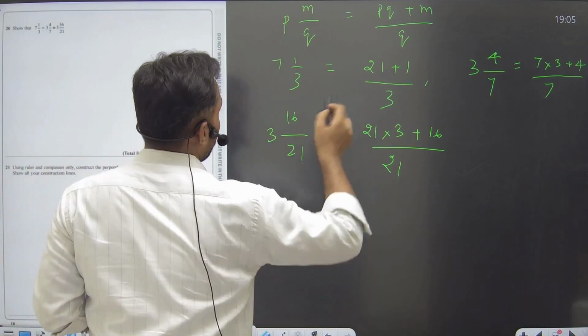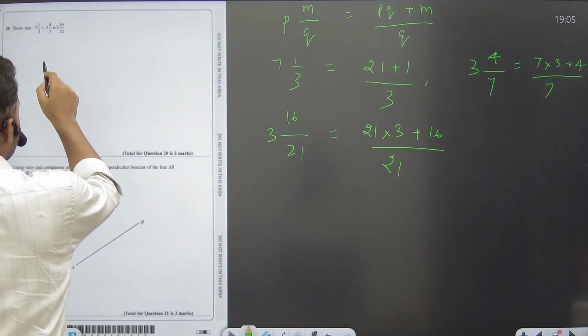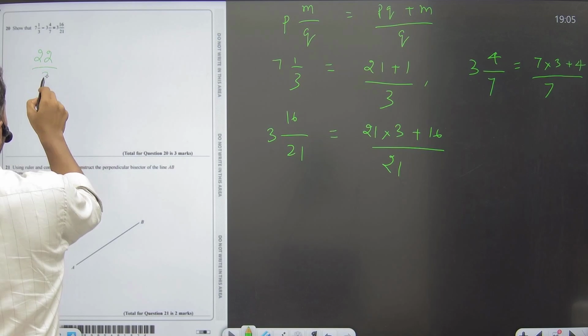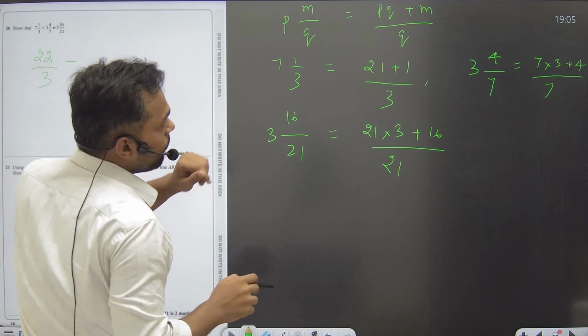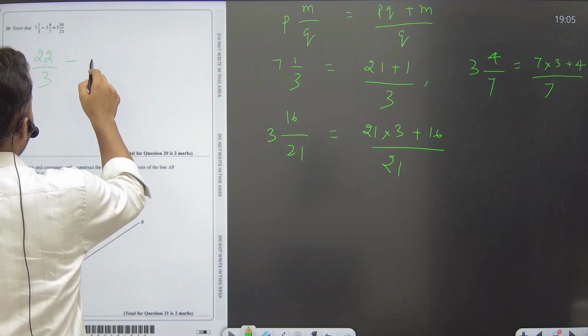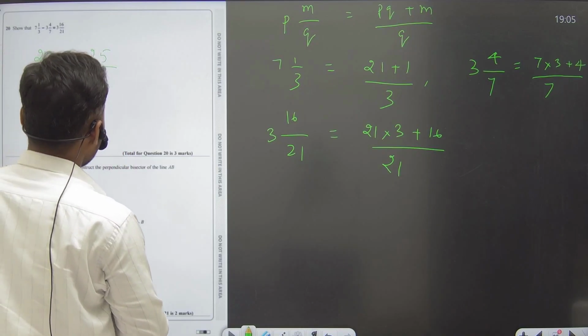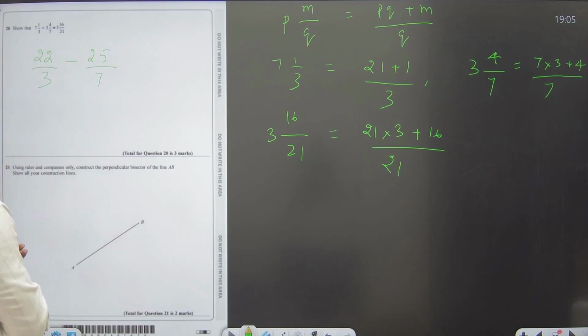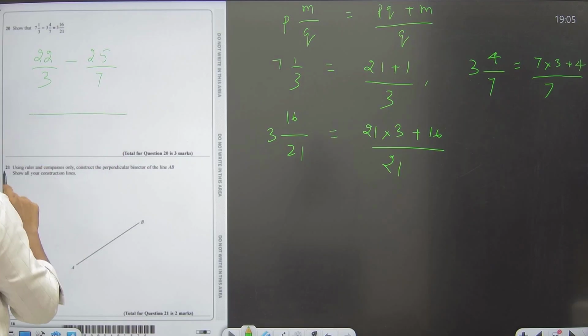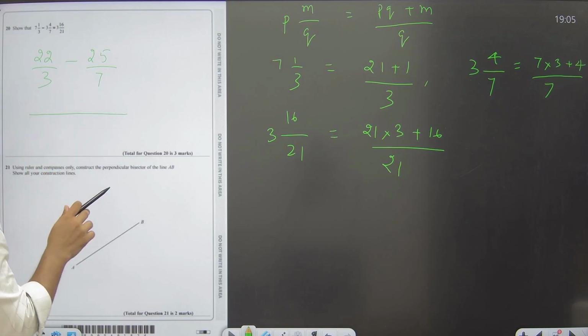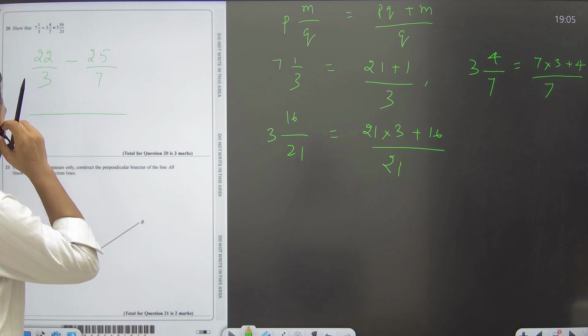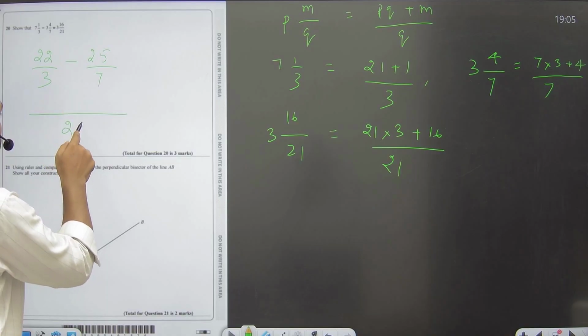So for this part it is 22 by 3, and minus 3 whole 4 by 7 will be 25 by 7. So if we are solving this part, let's take the LCM here. We need to see the multiplication of 7 cross 3, that will be equal to 21.